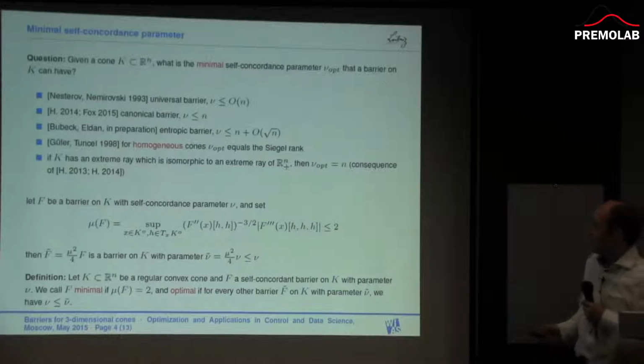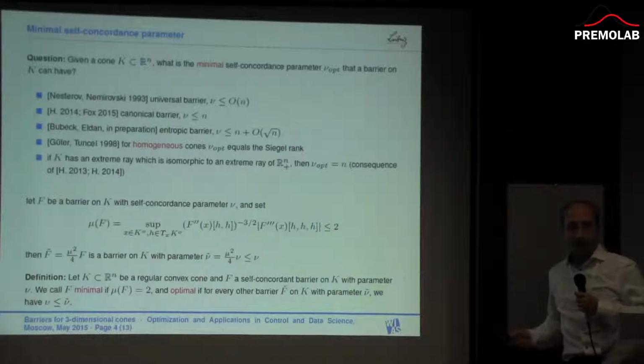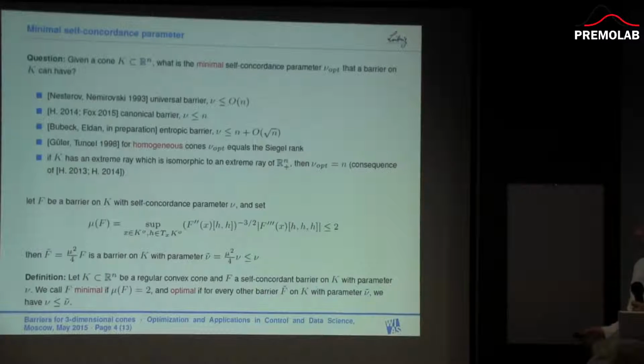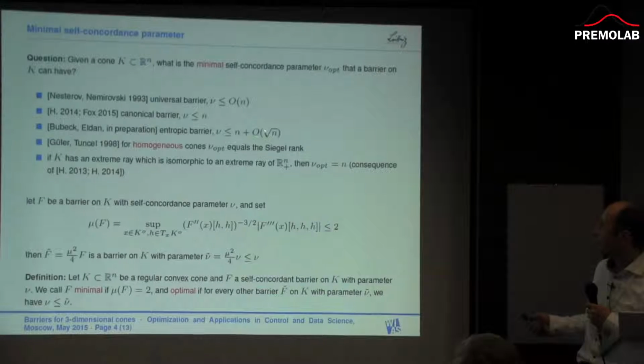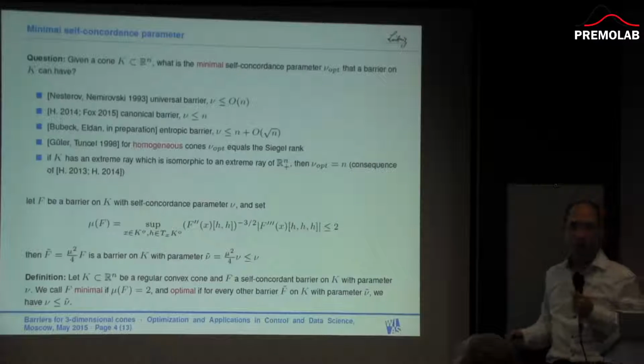So, and very recently there has been discovered a third barrier, the so-called entropic barrier, which has also parameter n plus correction of smaller order.